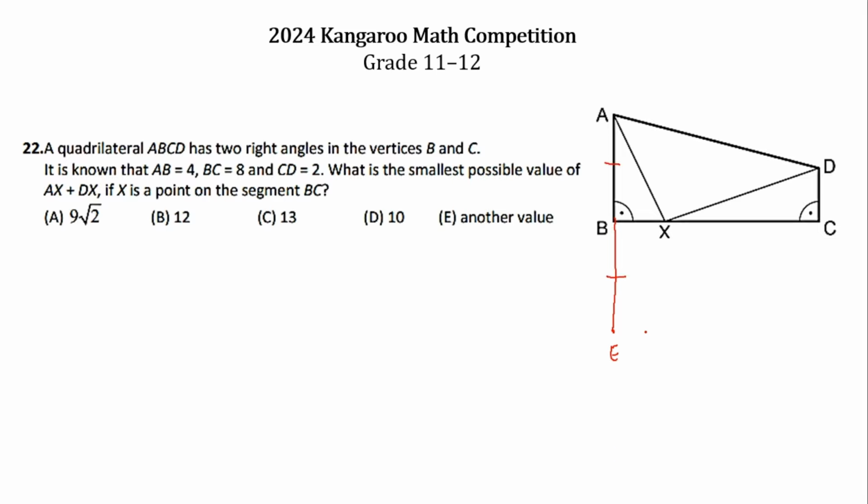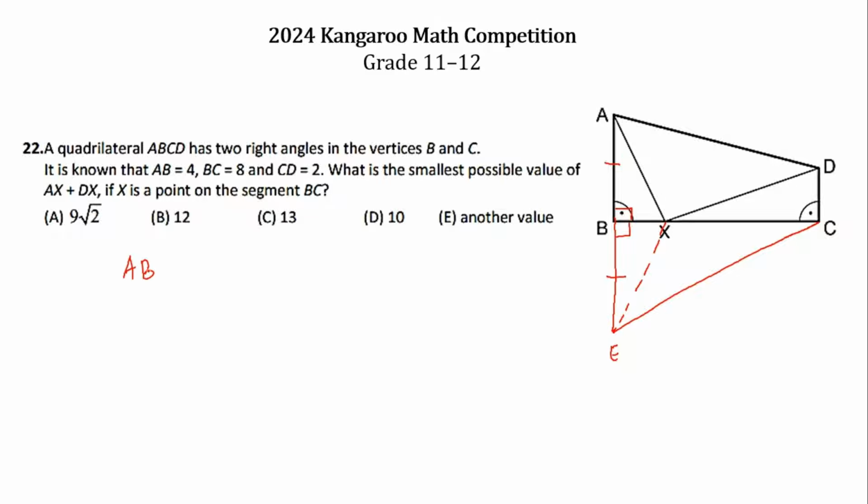Let's connect points E and C. Let us also connect points E and X. Alright, now this one is a right angle, and since BE is just an extension of AB, this one is also a right angle. Now notice that by construction again, AB is congruent to EB.